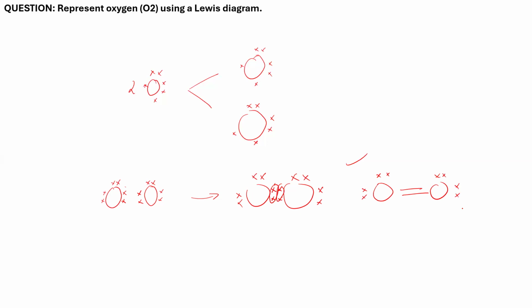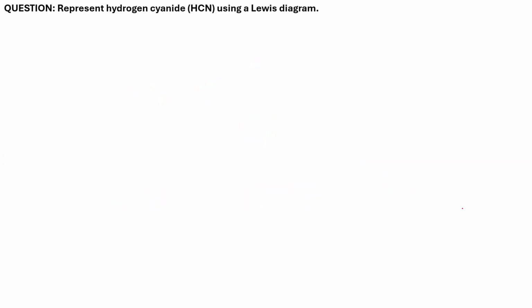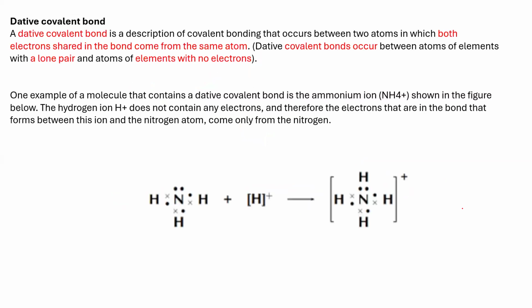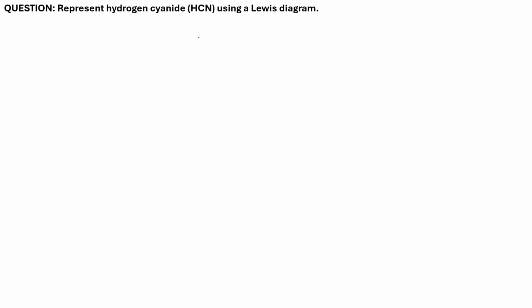Okay, right. So let's do this last question where we have hydrogen cyanide. We want to determine the Lewis diagram for it. Again, firstly, separate your atoms. We have HCN over here.